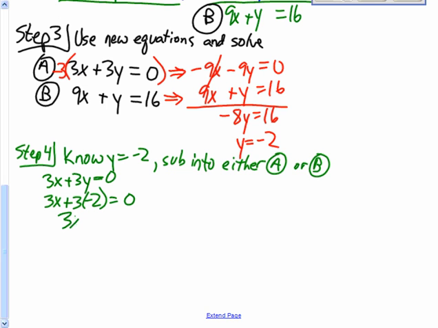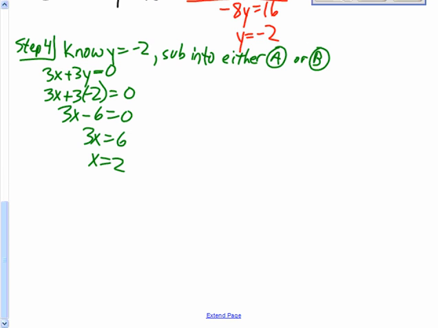So 3x minus 6 equals 0, 3x equals 6, x equals 2. All right, we're getting somewhere here. Now I know y is negative 2, x is 2.